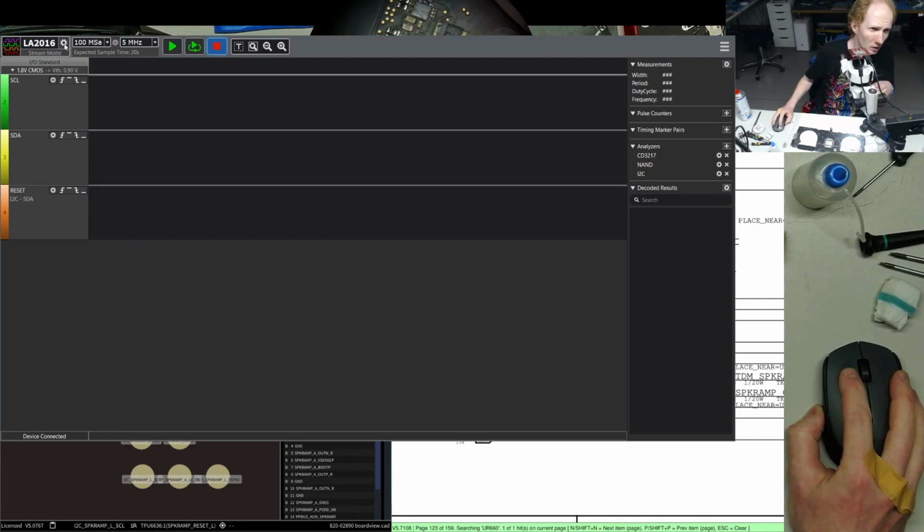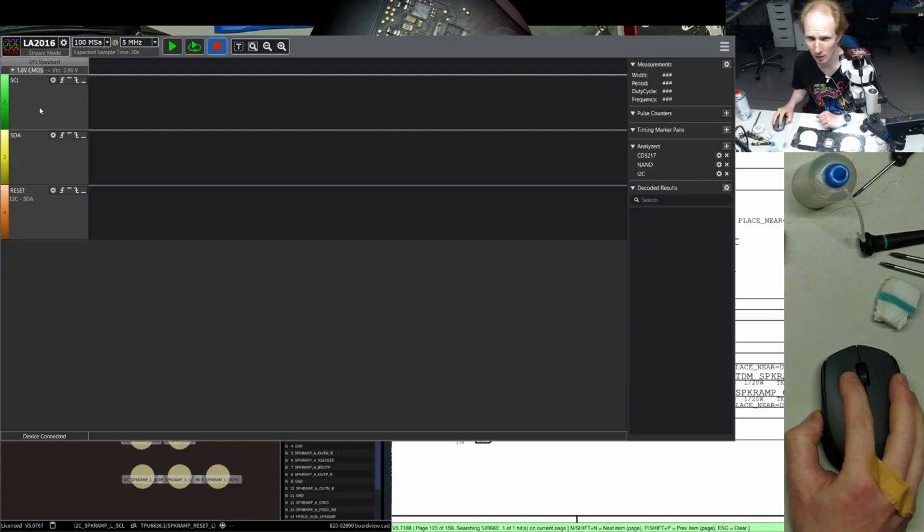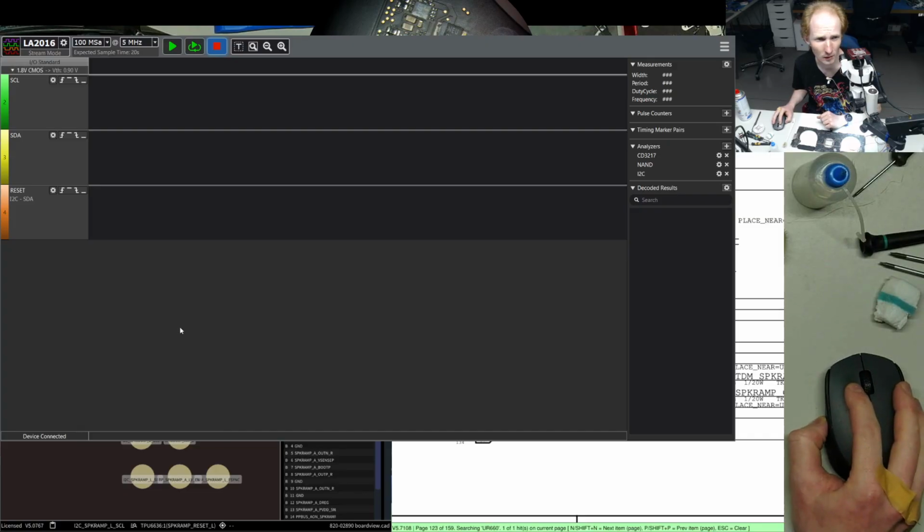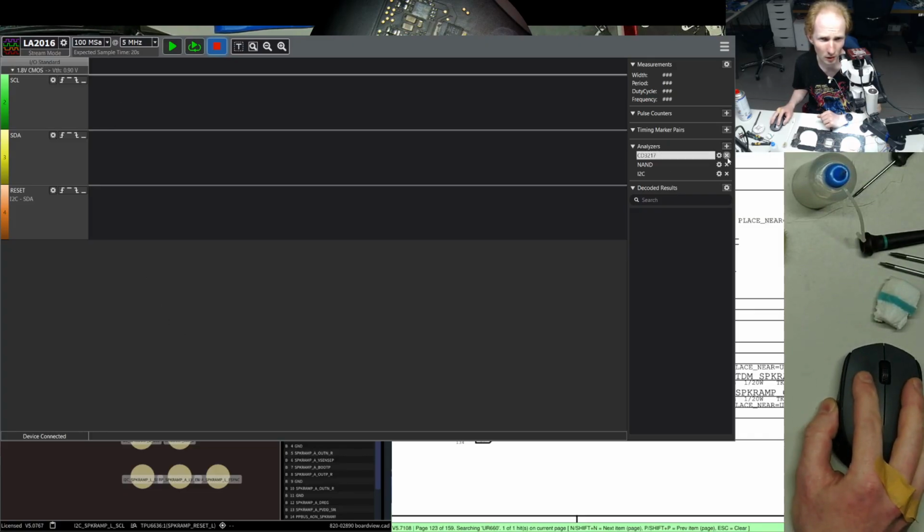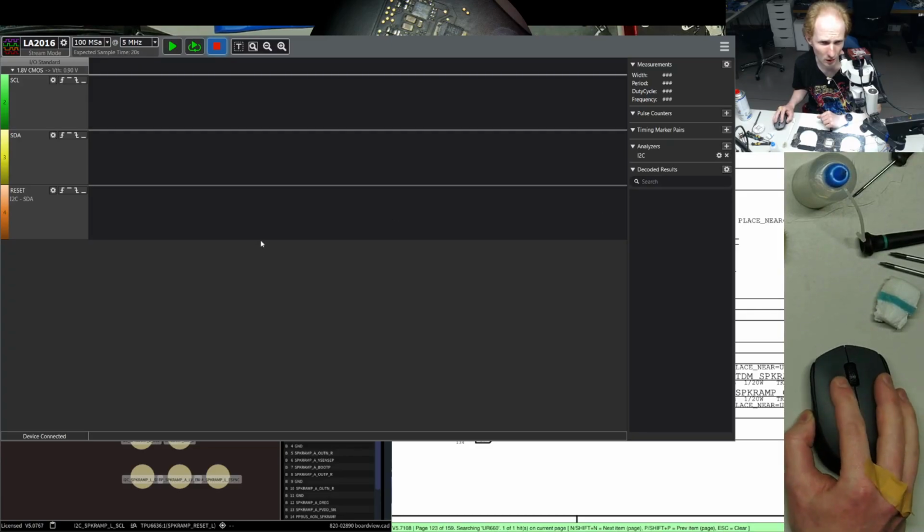Okay, now we set it to 1.8 volts CMOS. Oh, so the OBS doesn't show the menu, but you can see here it's 1.8 CMOS. Let's remove analyzers. We need I2C. Let's edit.